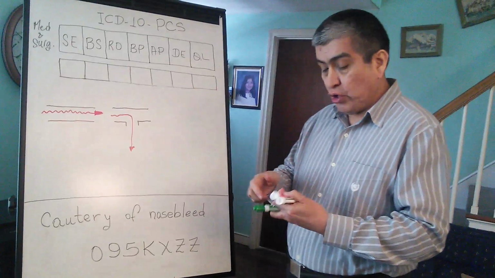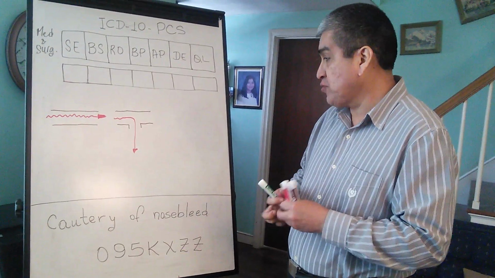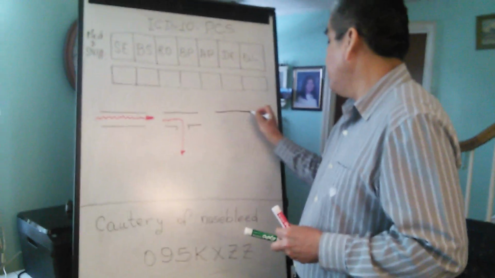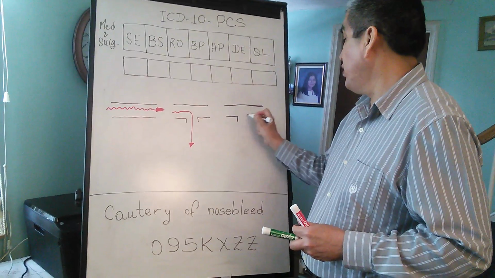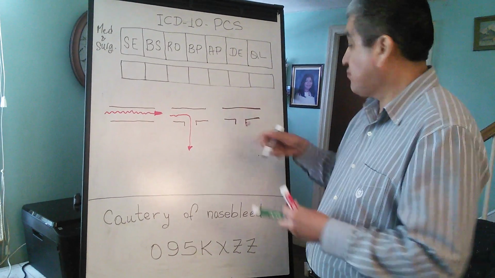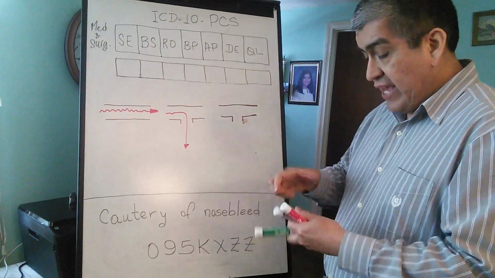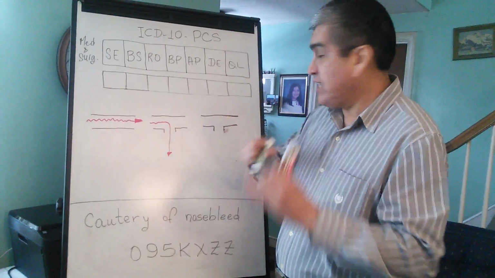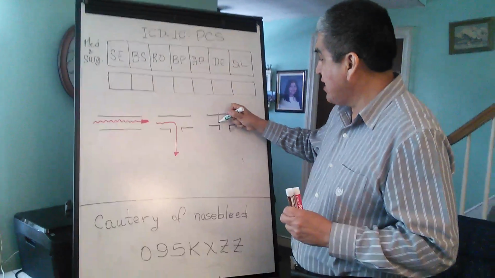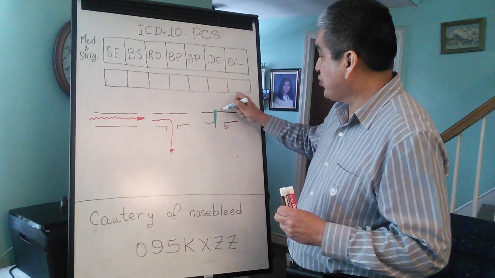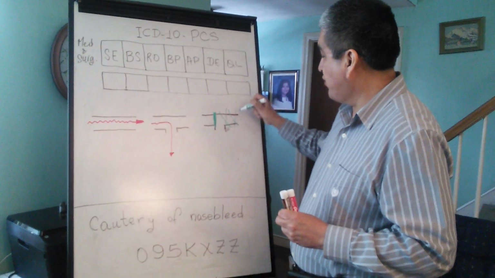So, what is the procedure of cauterization or cautery of nosebleed? It's very simple. This is the damaged vein with a hole. The doctor puts an instrument in the nose and burns this part, which means he's destroying this part of the vein.